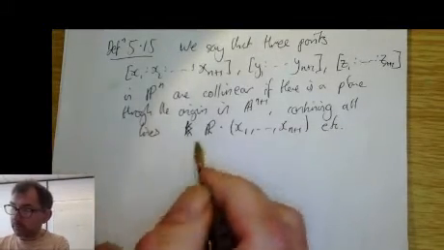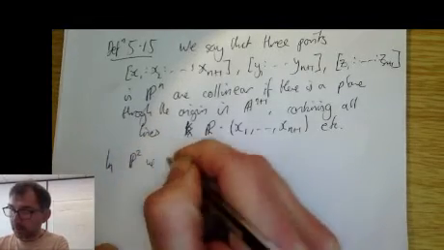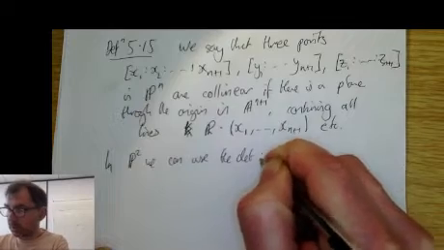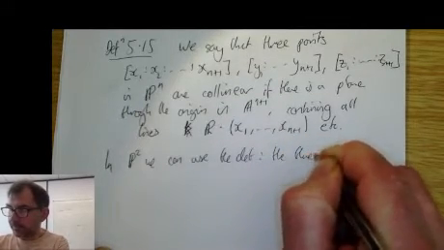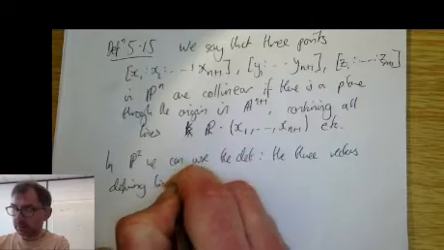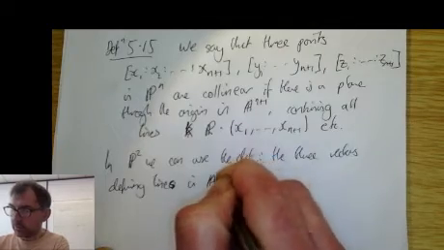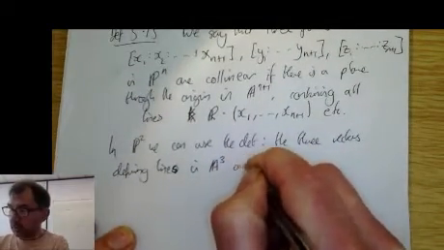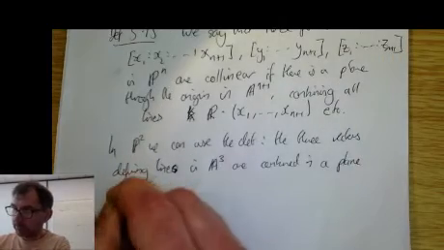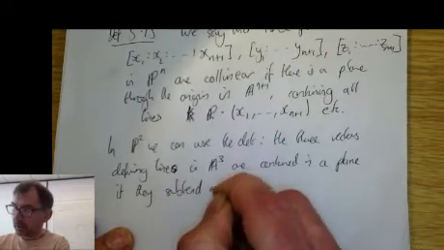So in P2 we can use the determinant. The three vectors defining lines in A3 are contained in a plane if they subtend, if you like, no volume.